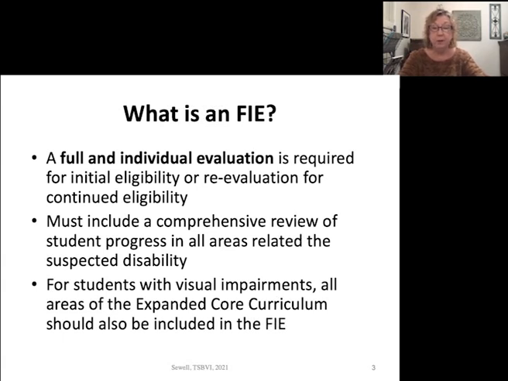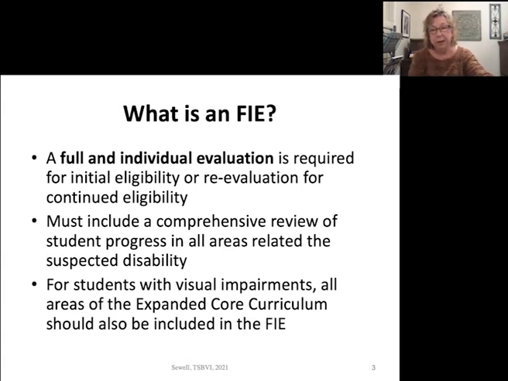For students with visual impairments, all areas of the expanded core curriculum should also be included in the FIE. Probably the FIE is the most important element in the special ed process, as it is central in determining eligibility, calculating present levels of academic and functional performance, and developing the IEP.